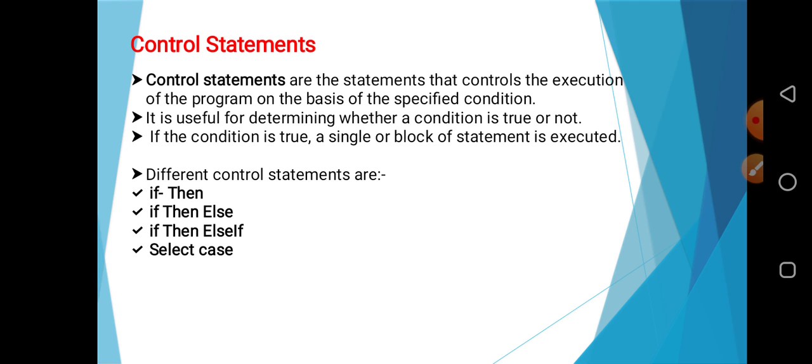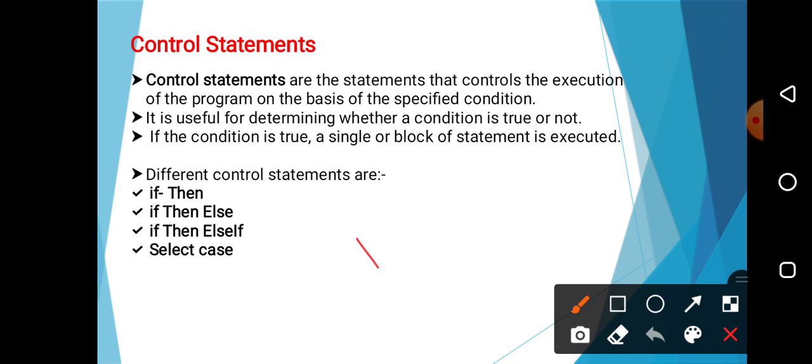We have already developed programs for comparing two numbers, checking whether a number is even or odd, checking whether a person is an adult or not, or whether a student has passed or not. How are you going to do that?